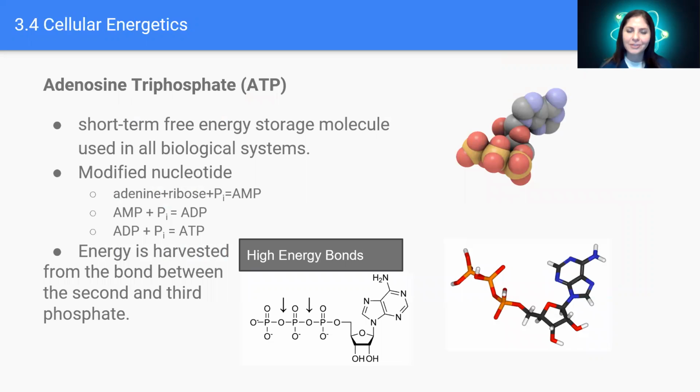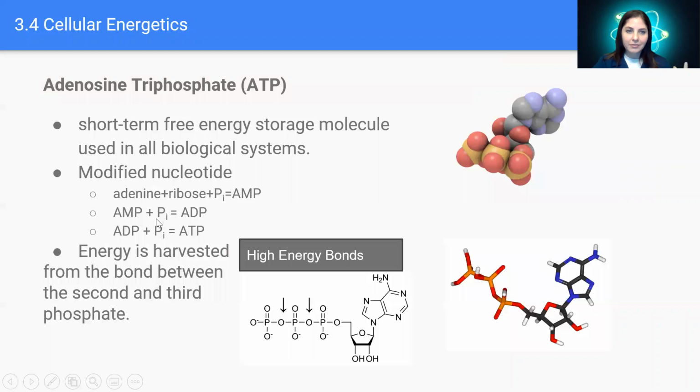So last but certainly not least, we're going to talk briefly about adenosine triphosphate, which is our universal energy currency. So this is a short-term free energy storage molecule, and it's used in all biological systems. It's a modified nucleotide. So we're taking the adenine ribose phosphate, or that sugar phosphate nitrogenous base, which is AMP.